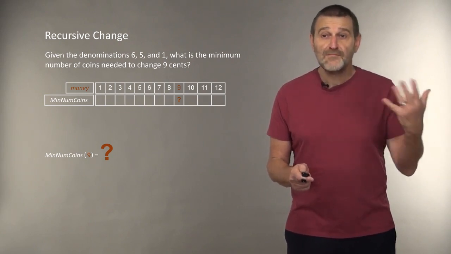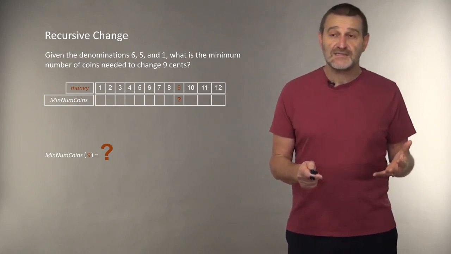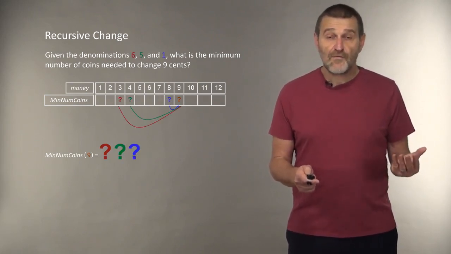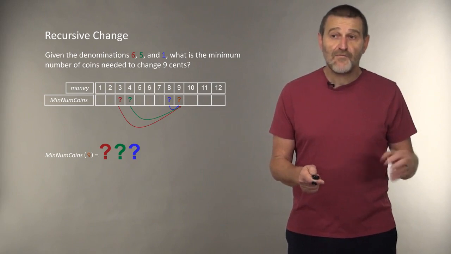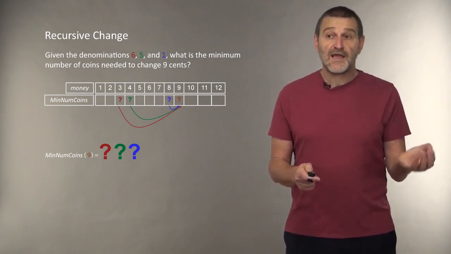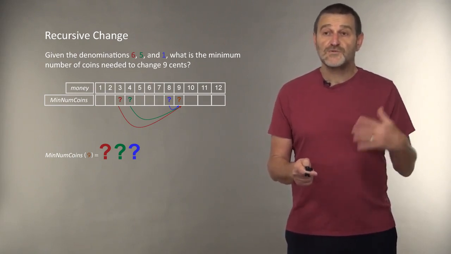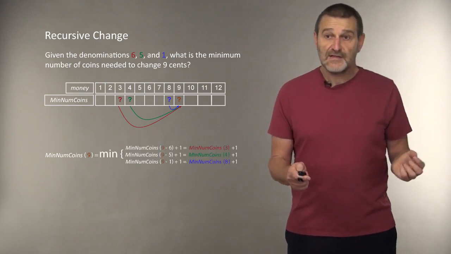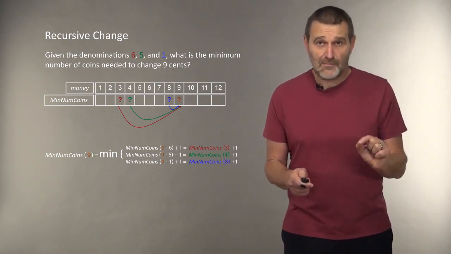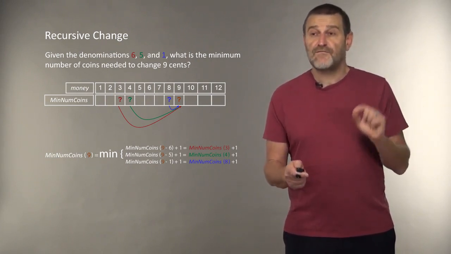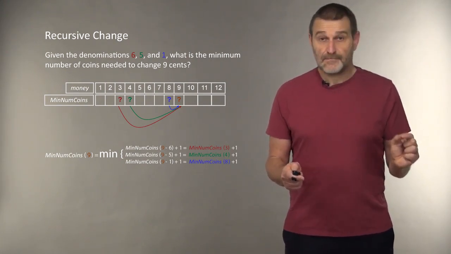To find the minimum number of coins to change 9 cents, we can find the minimum number of coins to change 8 cents and add 1 penny, or the minimum number of coins to change 4 cents and add a 5 cent coin, 1 more coin, or the minimum number of coins to change 3 cents and add 1 more coin, right? And therefore, the minimum number of coins for 9 cents is the minimum of the minimum number of coins for 8, 4, or 3 cents, plus 1. Make sense?